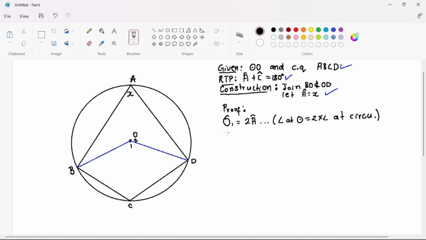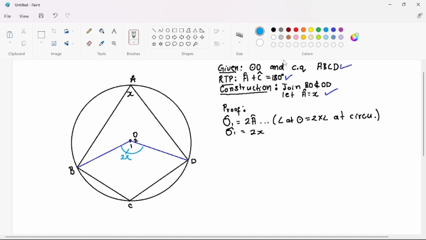And then we substitute, so angle O1 is going to be equal to 2x. Once we find O1, we represent it on our diagram.